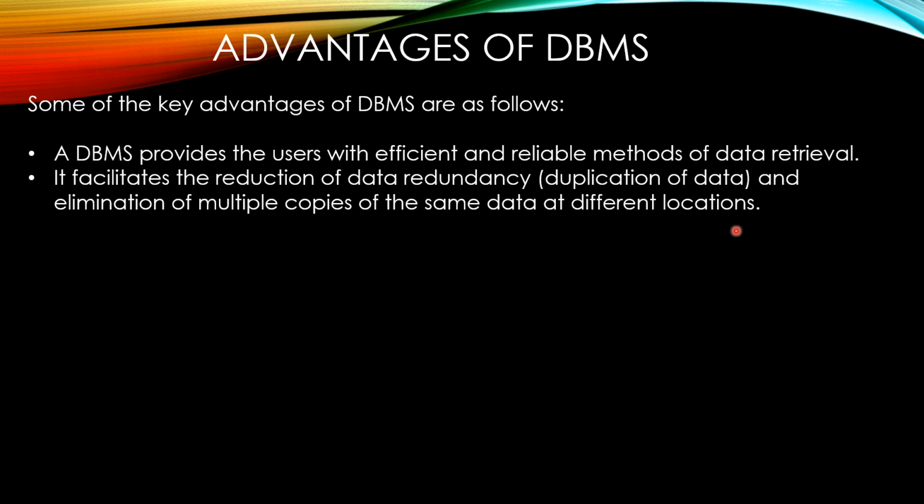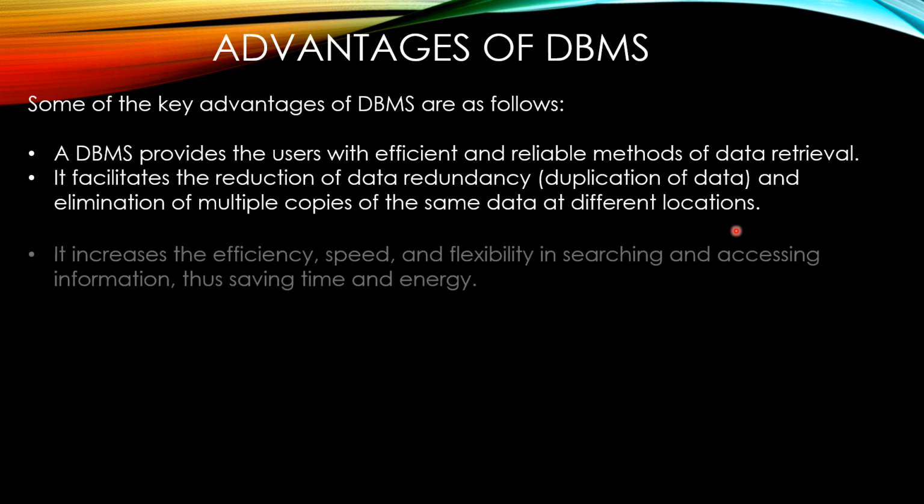Sometimes there might be chances that unknowingly we are trying to enter the data which we have already entered. So at that time it will help us to eliminate the duplicated copies which are created. It will show you some dialog box like this: data already exists in the database. So it is helpful in reducing the duplication of the data which is already present in the system.